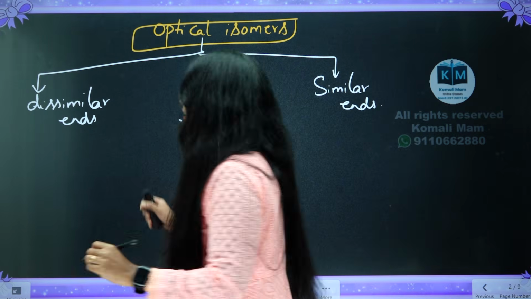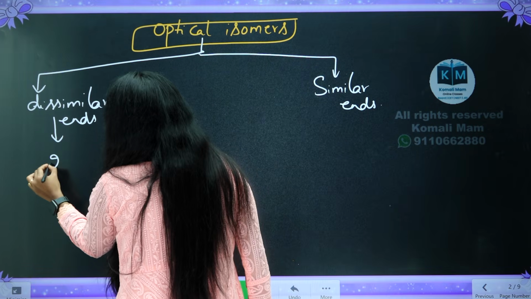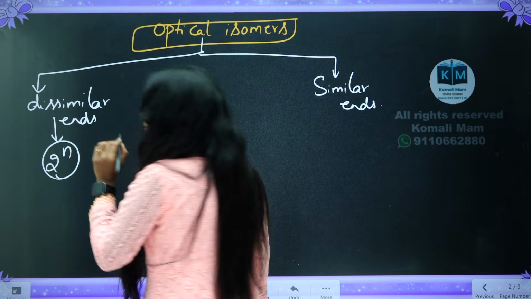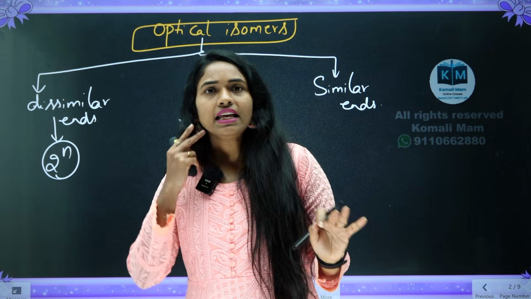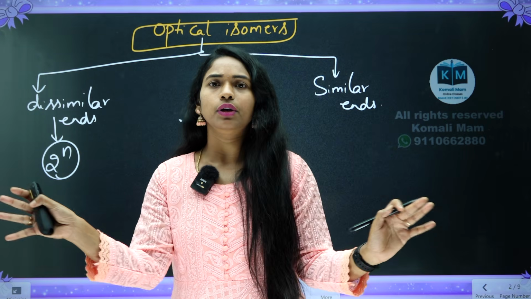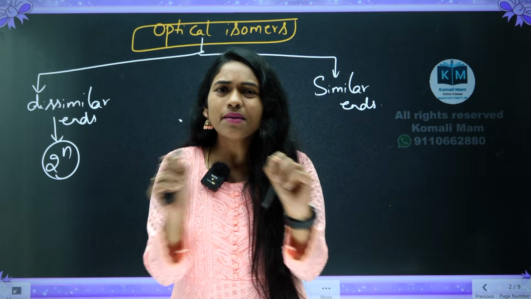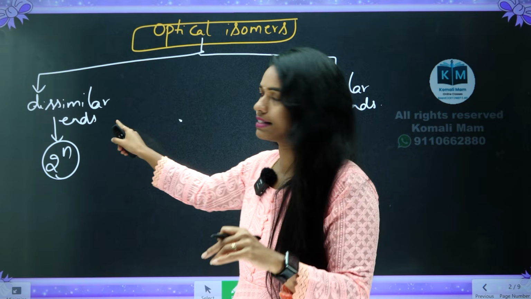If it is a dissimilar end, then the formula you have to use is 2 to the power of n. What is a dissimilar end? You just cut the molecule and see left to right or right to left. It should have similar nature, I mean similar connectivity. We will see the examples.